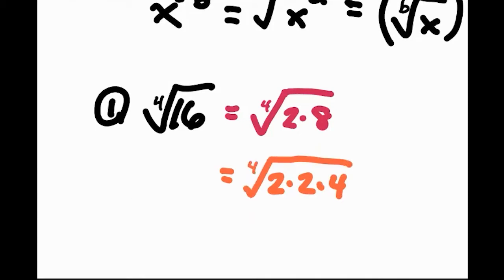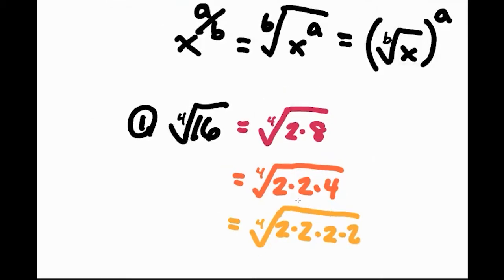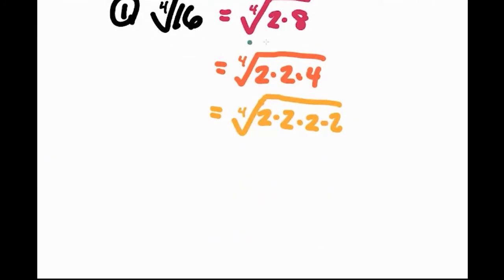Okay, but then you can break down the 4 to 2 and 2. It'll be 2 times 2 times 2 times 2 times 2. And if you see right there, there are 4 2s. So that means you can make one group of 4 2s. So because of that, that's equal to 2.